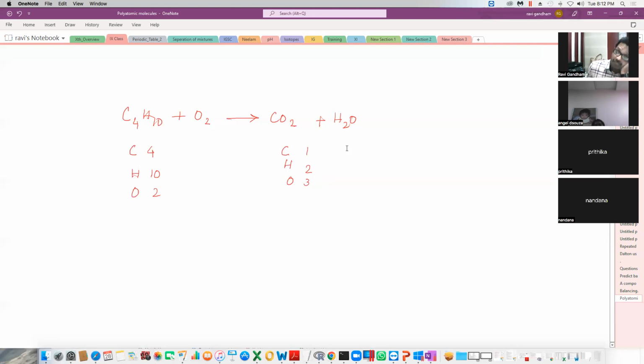Well, you don't have a metal here, so we'll go with a non-metal. So carbon, when you look at, you have 4 and 1. So what do you normally do? We'll first try to balance carbon, right? We'll multiply with 4. Is that okay? Yes, sir. So you have 4 carbon now. But look at hydrogen, it is still 2.